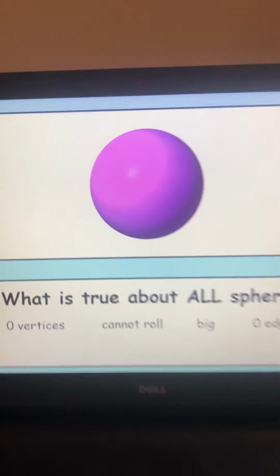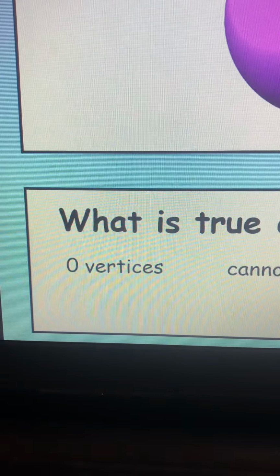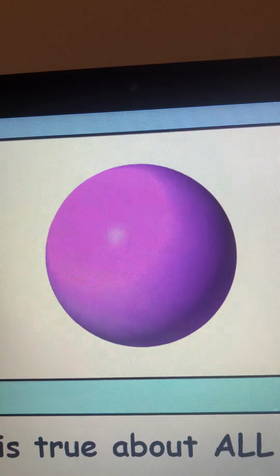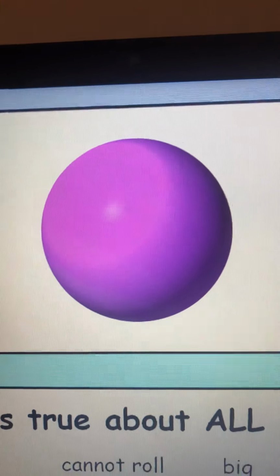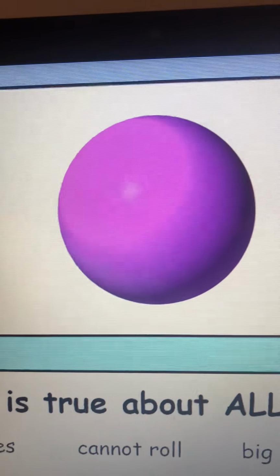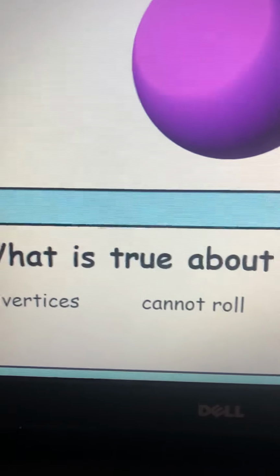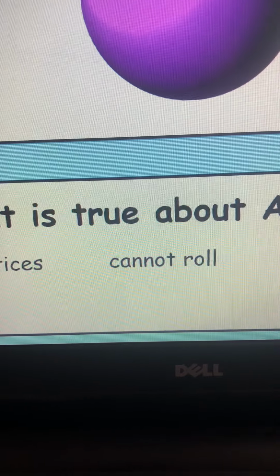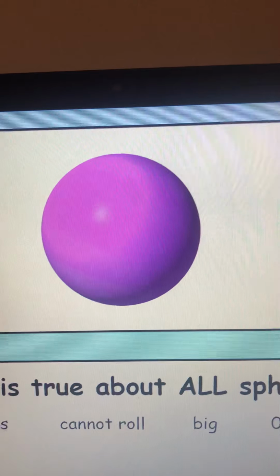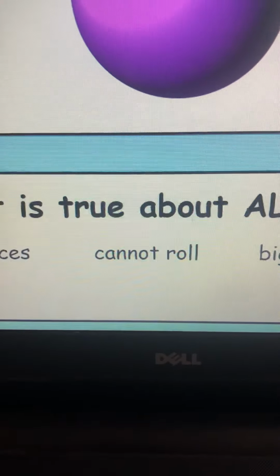What's true about all spheres? Remember I said a sphere is like a ball. 0 vertices. Just like a circle, a sphere is round and there's no corners, there's no vertices, so that is correct. Cones have 0 vertices. Cannot roll. Well, if you put a ball at the top of the hill, you all know the ball's gonna roll down it. So that's not true. A ball actually can roll.